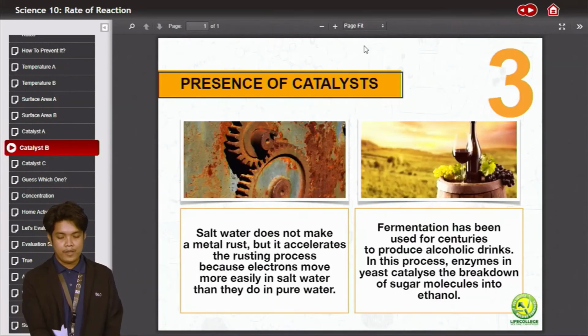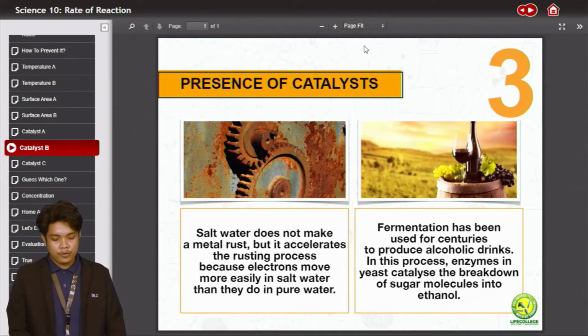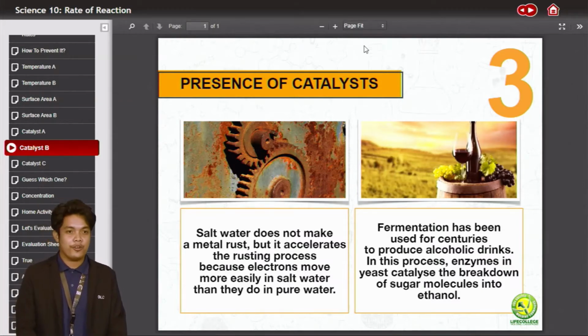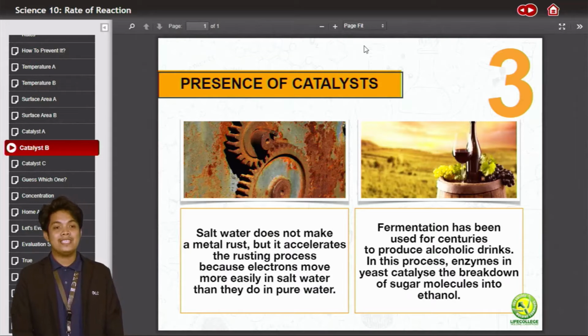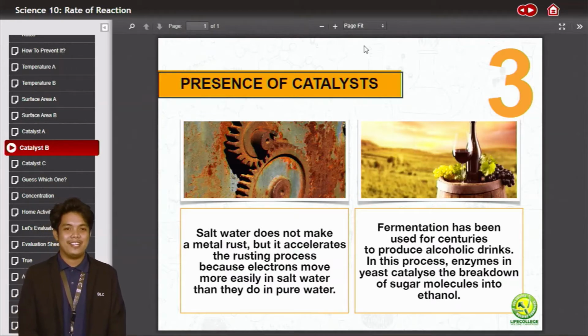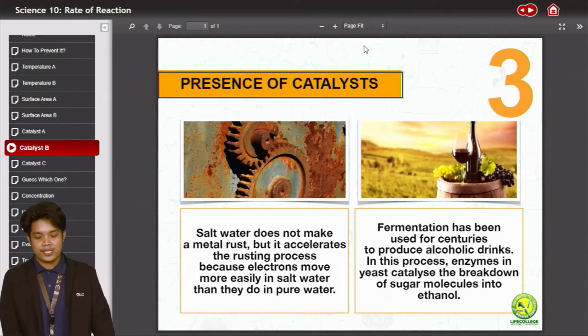One of the examples is also salt water on iron. Salt water does not make a metal rust, but it accelerates the rusting process, because electrons move more easily in salt water than they do in pure water. Very interesting. Another one is the yeast in fermentation. Fermentation has been used for centuries to produce alcoholic drinks.